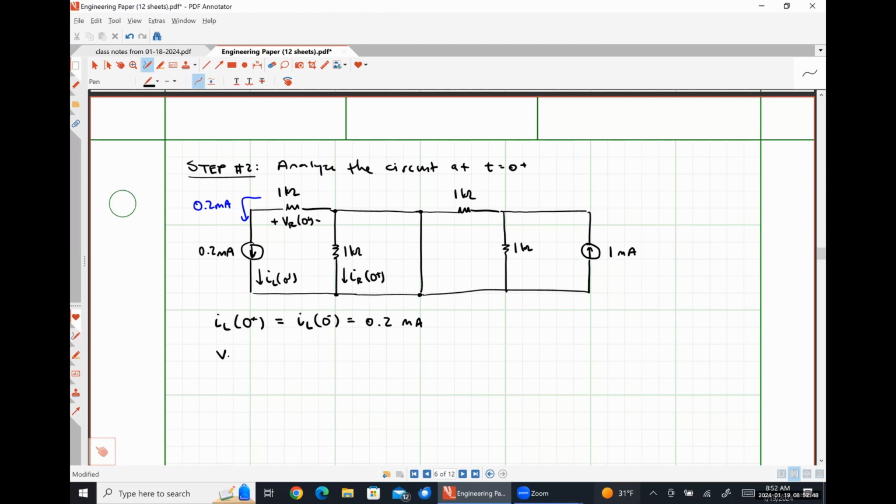So using that information, what should VR at 0 plus be? Negative 0.2 volts, because a current of 0.2 milliamps is flowing into the negative polarity terminal of the 1 kilo ohm resistor. So this comes out to be negative 0.2 volts.